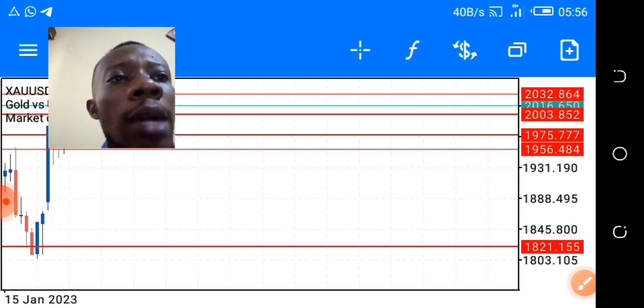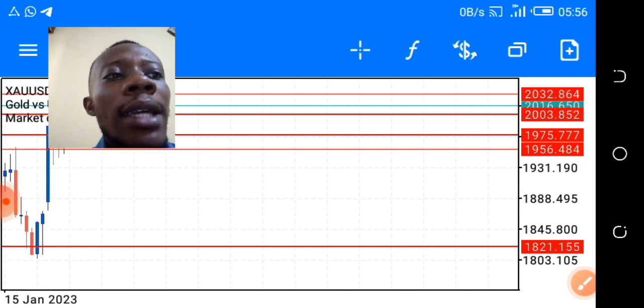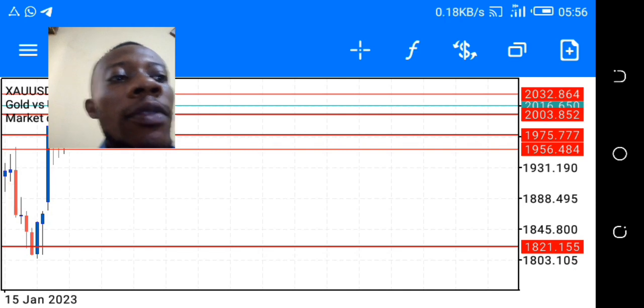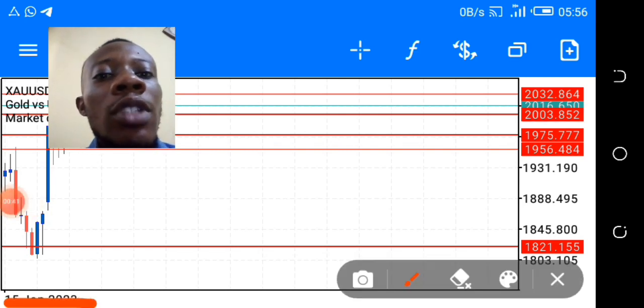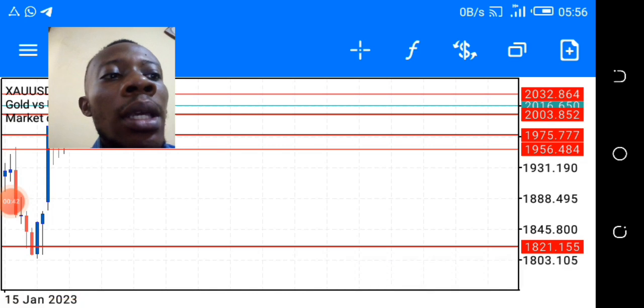So when you load up any market, the prices are shown on the right side here, and beneath there are certain numbers. You can see 15th January typed here. Beneath shows you the date, the current date and the time.